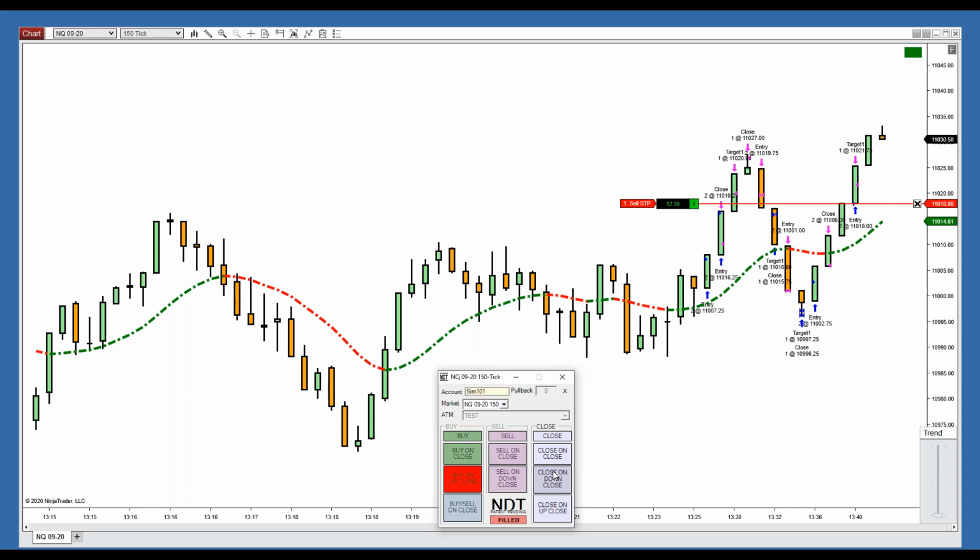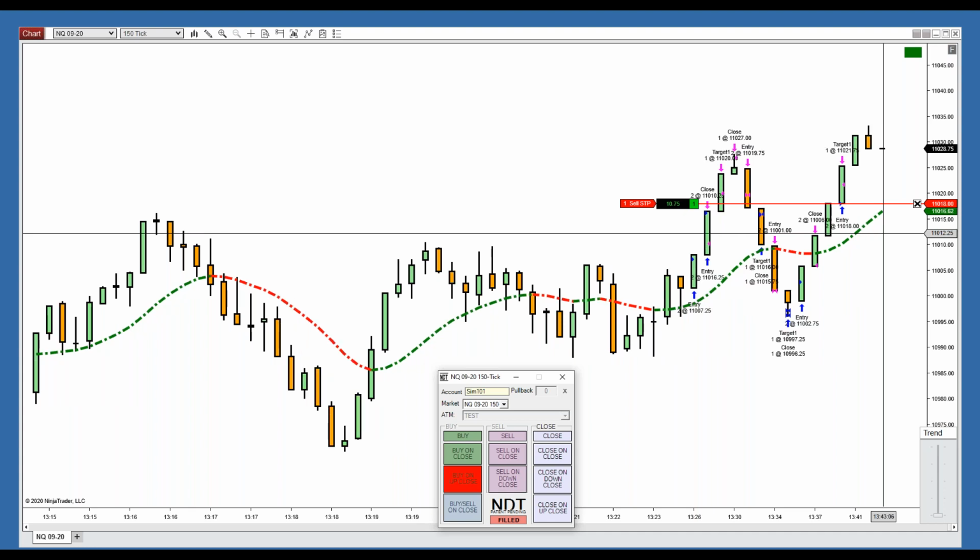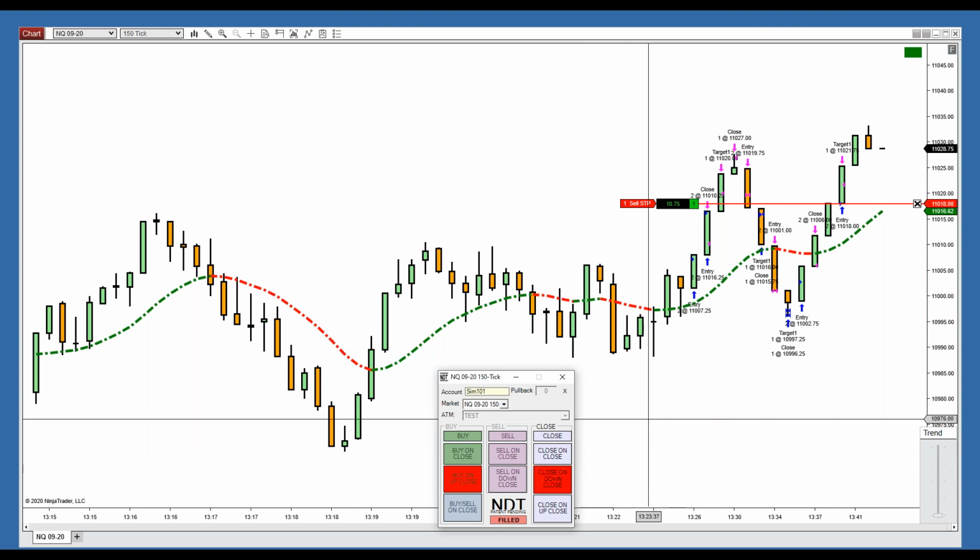This is the more primitive one, and this is the first down close you get. It's going to close the trade for you. You never know you're going to get a down close until the candle completes. I didn't hit the button. Let's close on a down close.